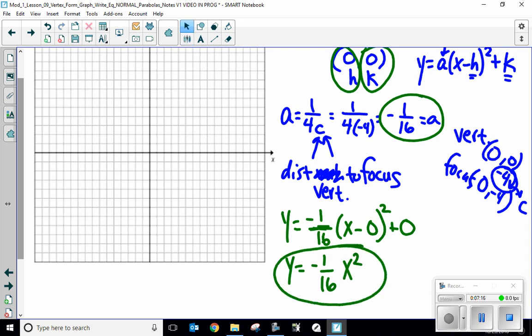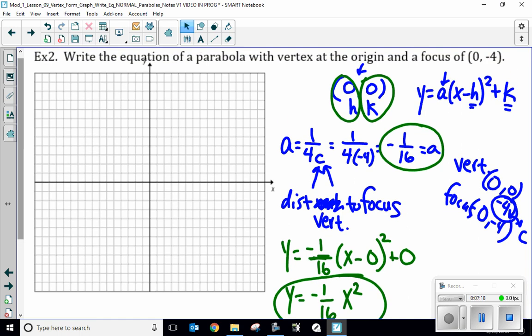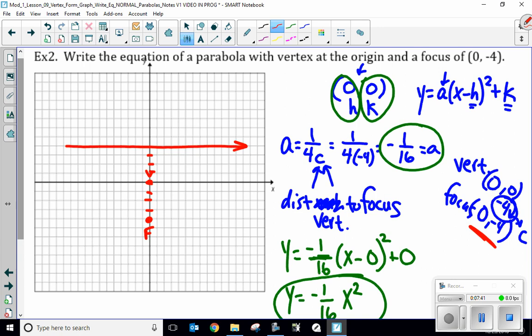And if I wanted to graph this, my vertex is at the origin. That's my vertex. My focus is at 0, -4, so I go down 1, 2, 3, 4. That's my focus. If I go down 4 for the focus, I go up 4 for my directrix. All I've got to know is how wide my parabola is at the focus.